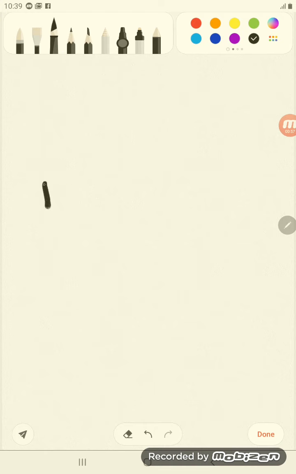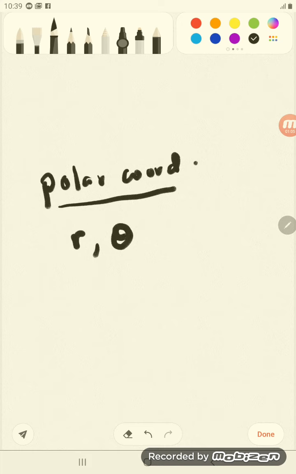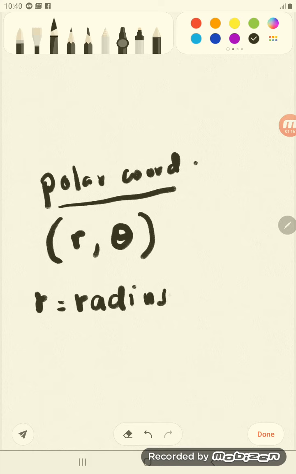So in polar coordinates, we are going to use the r and theta method, where the value of r is represented by the radius of a circle, and theta actually refers to the angle from the origin towards the point. Okay, let us try to illustrate it by using a graph here.